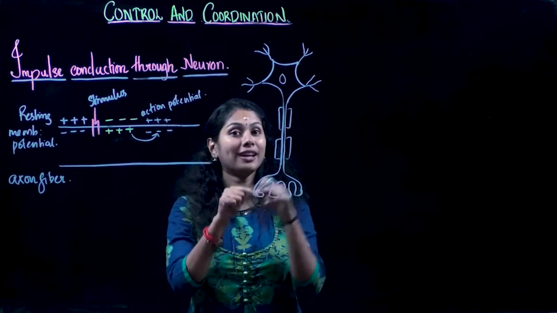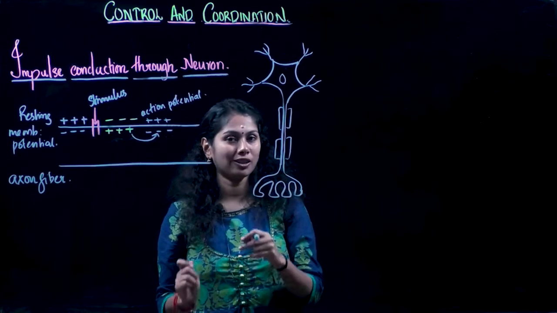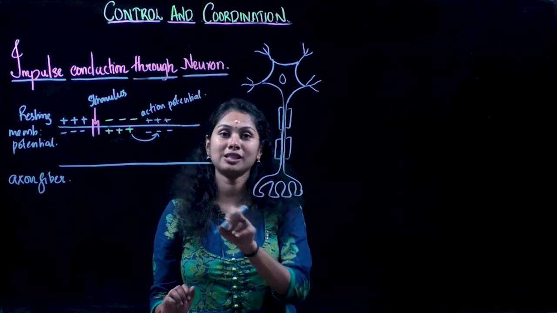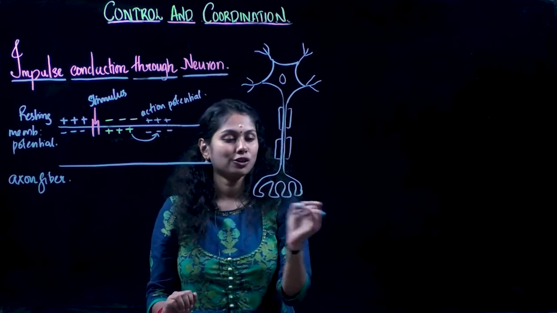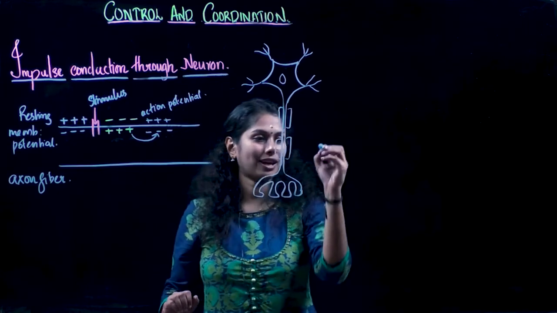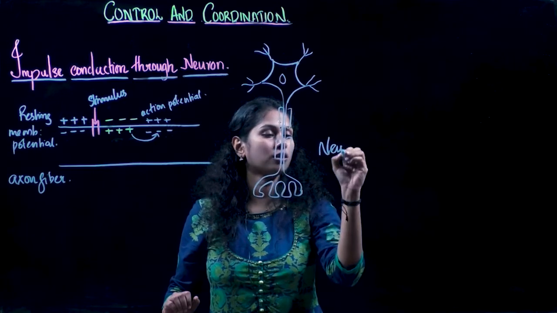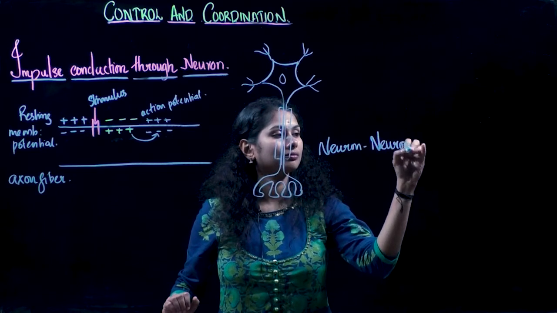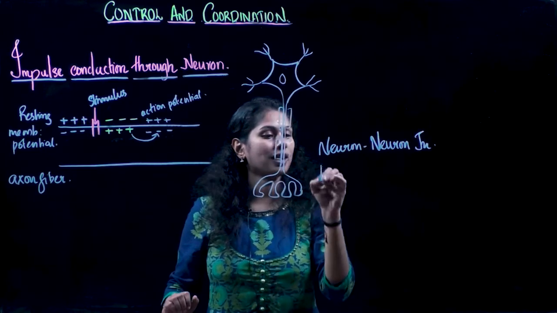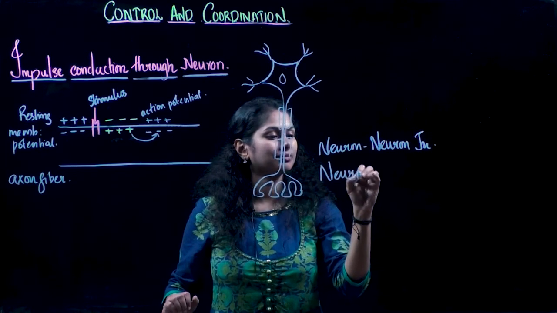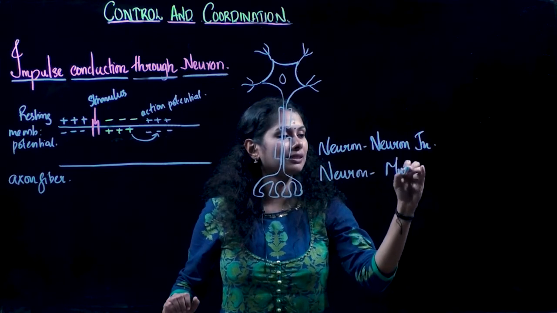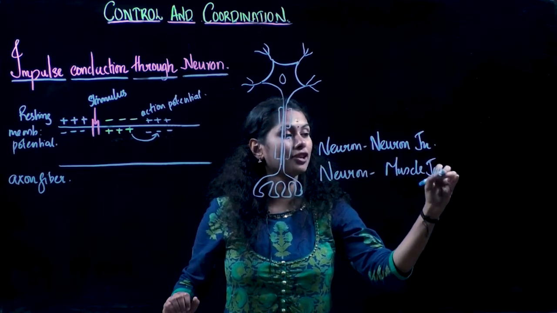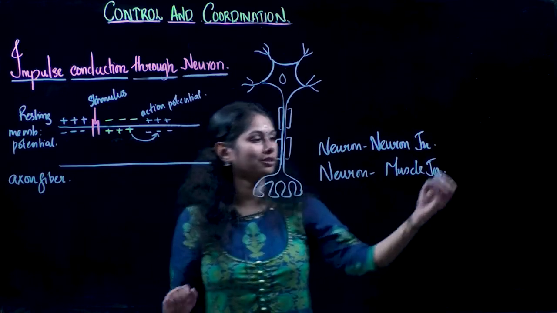So there will be another neuron associated to it, or maybe a muscle to which it is supplied. So what happens at that junction? That is maybe either a neuron junction, or maybe a neuromuscular junction.